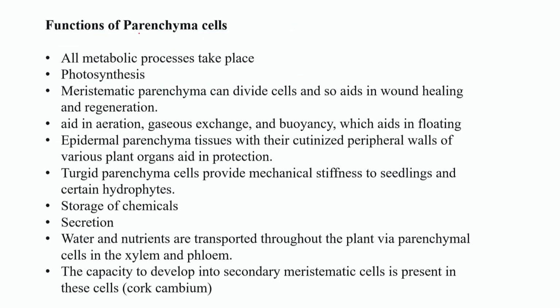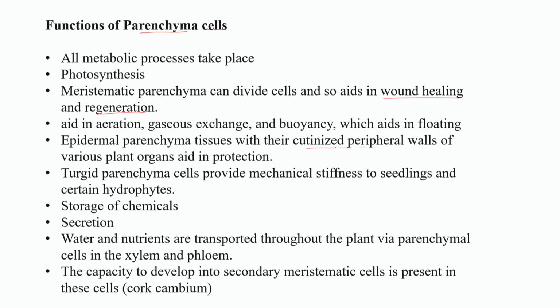In the last, we will just try to summarize the functions of parenchyma. So, definitely a lot of metabolic processes are taking place. It is photosynthetic, it performs photosynthesis, it performs meristematic activity which helps in wound healing and regeneration. It provides aeration, gas exchange and buoyancy. Then many parenchymatous cells have cuticular secretions on the outer wall which helps in protection.